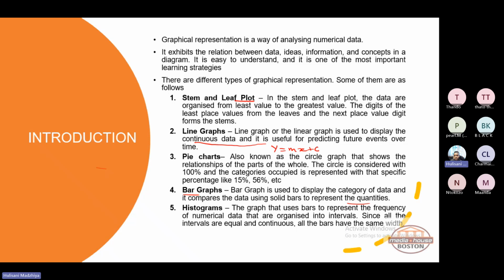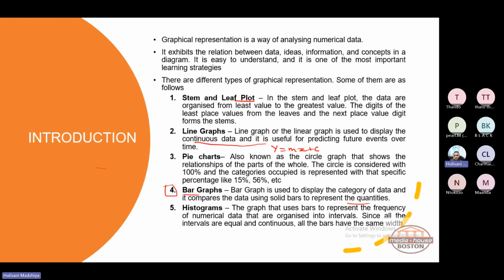One thing before I move forward: the bar graph uses solid bars and represents data in categories. Normally, the bar graph will use your discrete data, and your histogram will normally use your continuous data, because here we'll be talking about frequencies, and frequencies can go beyond whole numbers and integers.